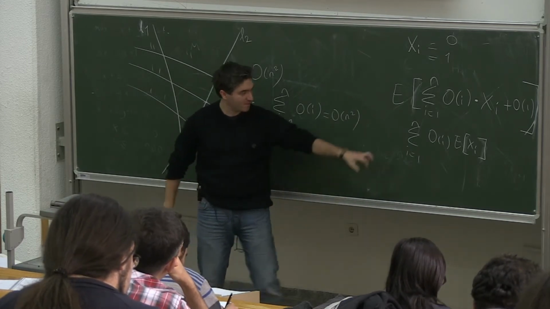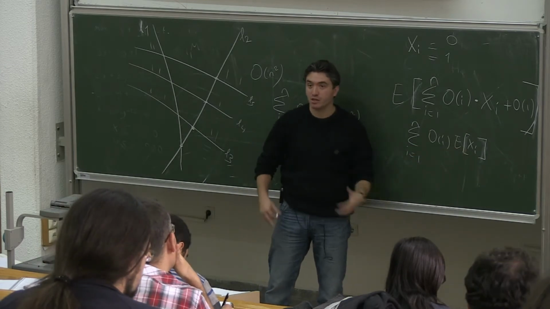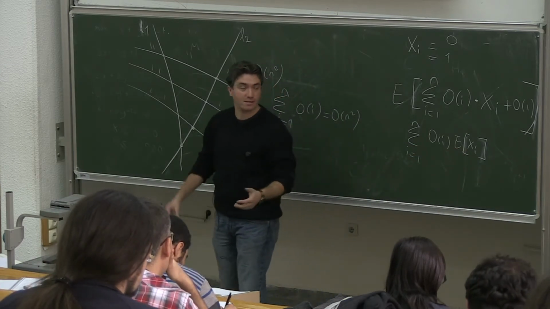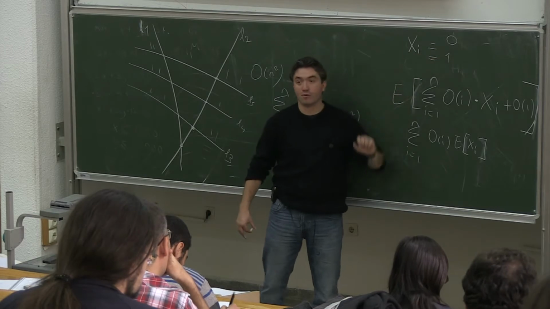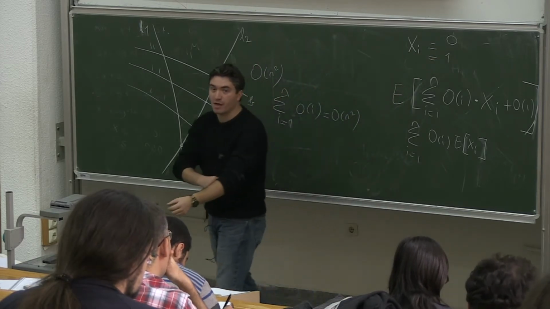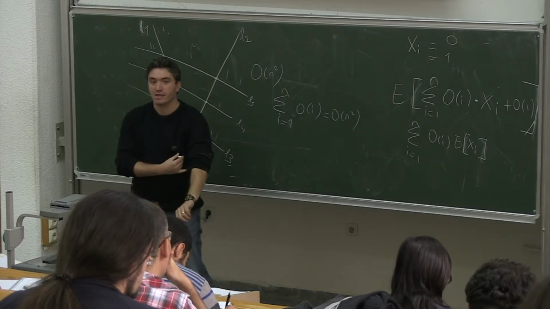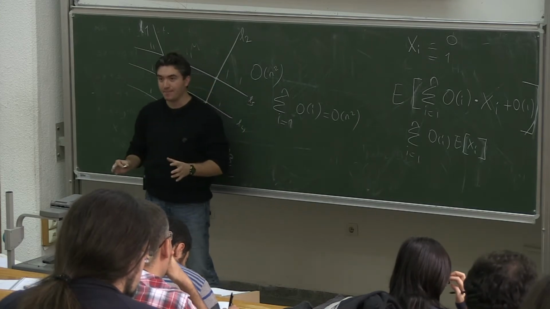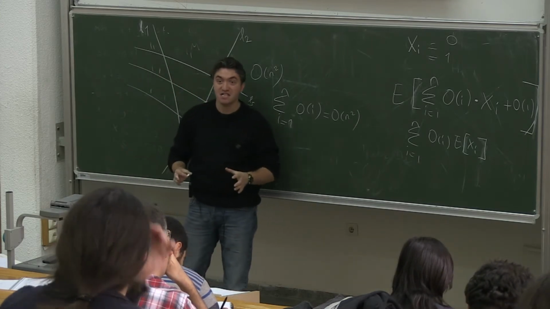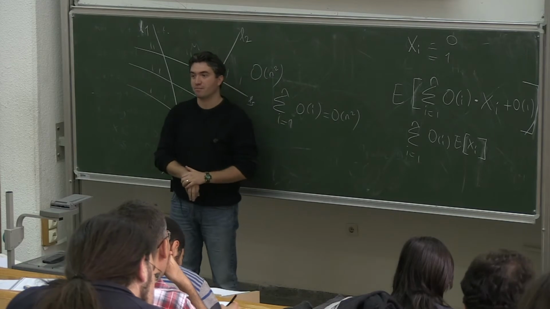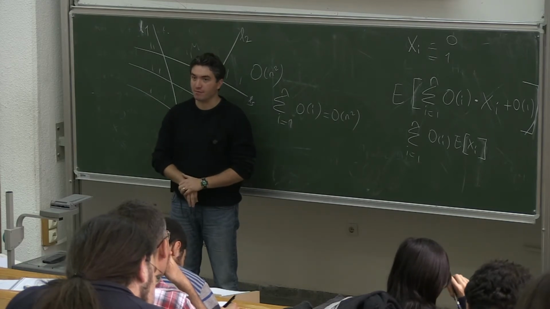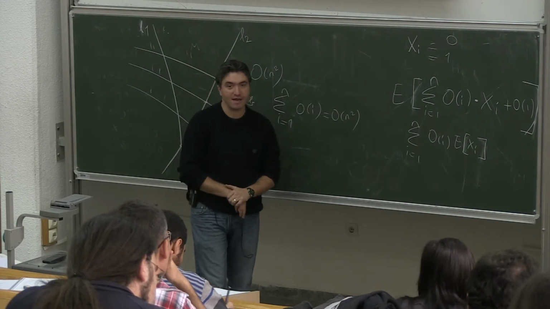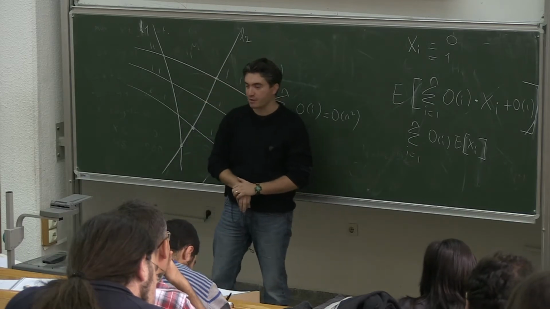It's going to be a floating point number, although xi itself is 0 or 1, discrete. So what is this probability? What is the probability that vi does not belong to hi plus 1?